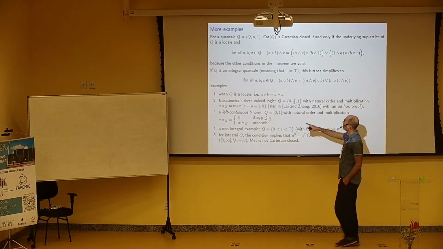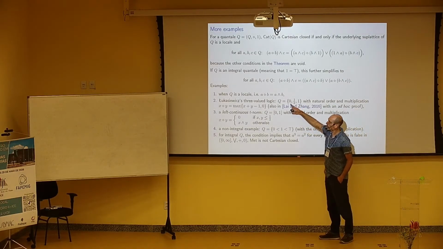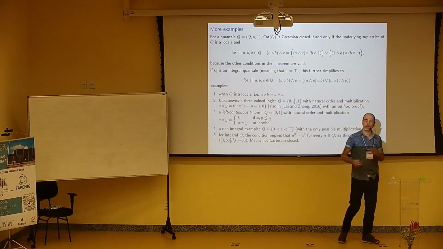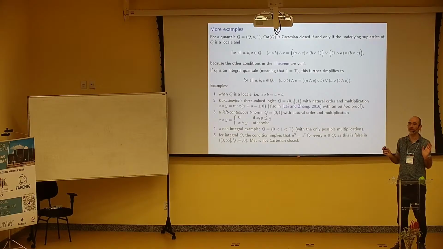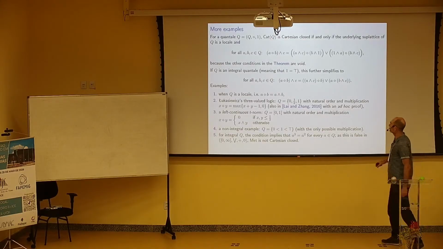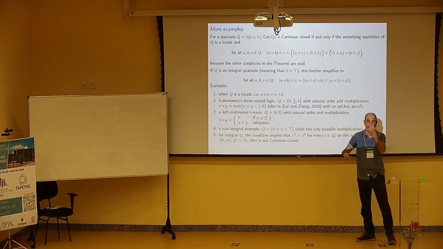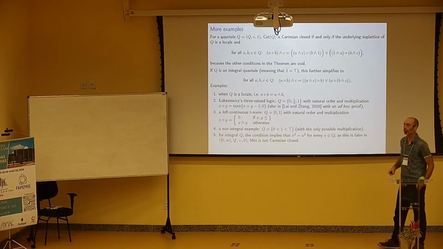Lukasiewicz three-valued logic is this funny thing here. It's a quantale with three elements: completely false, completely true, and something in the middle. That's how you read it. It was invented in the 20s or 30s of the previous century by Lukasiewicz.